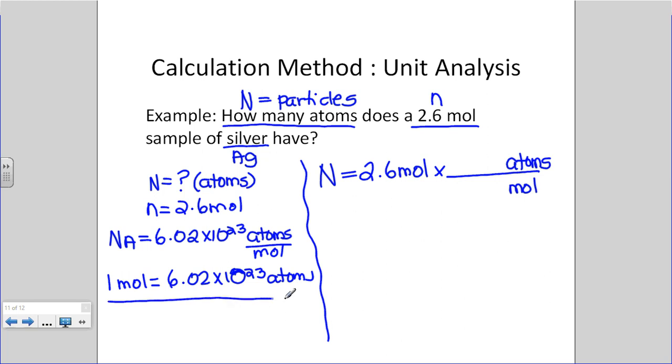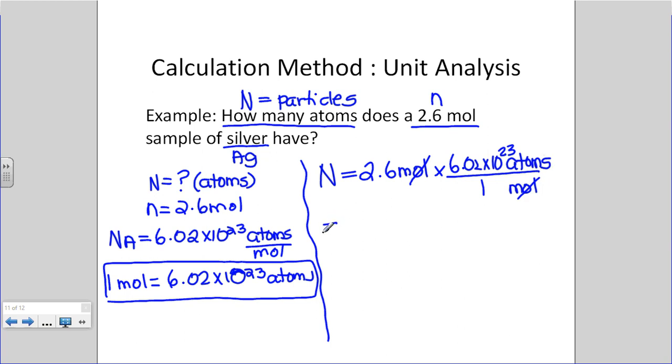What am I going to put on the top and what on the bottom? Well, moles need to go on the bottom, so 1 mole goes here. And my 6.02 times 10 to the 23 atoms has to go on the top. Now when we look at our units, moles and moles cancel, and we'll end up with atoms.